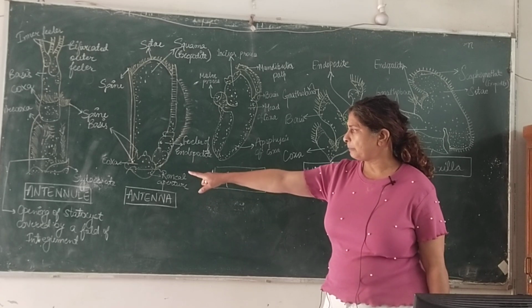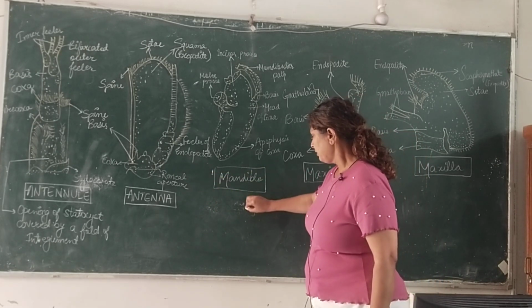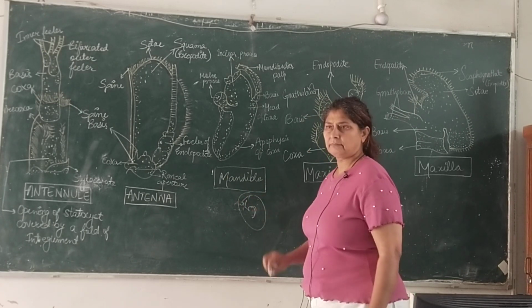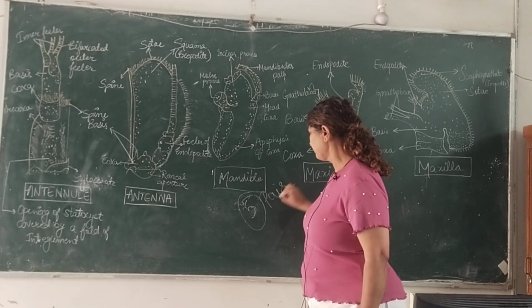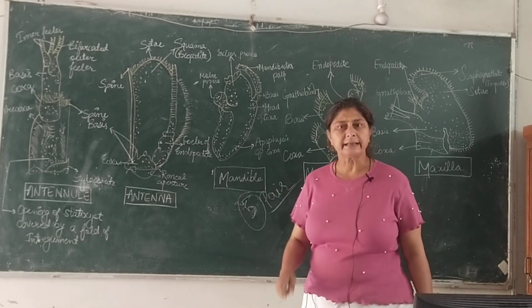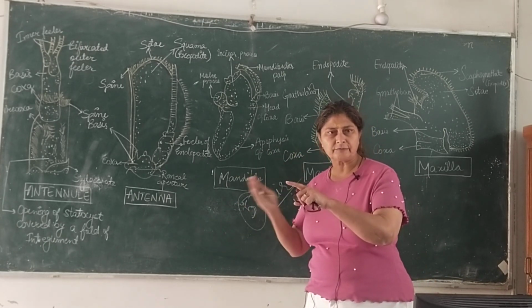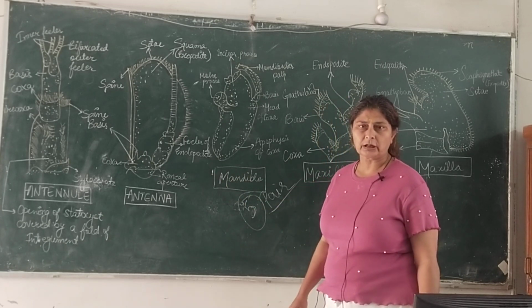So the cephalic appendages are 5 in number, meaning 5 pairs. 5 pairs means 10: one left side, one right side, five left side, five right side, 10 in total.